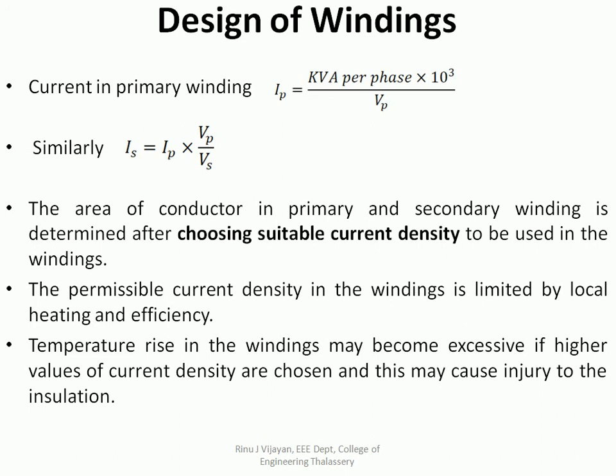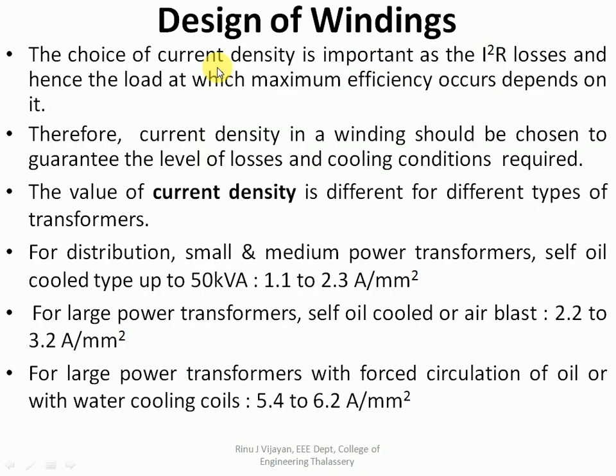This will definitely cause the temperature rise in the winding to become excessive, which will further cause injuries to the insulation provided. Therefore, the value of current density is chosen considering the heat generated in the machine and the prevailing ventilation or cooling conditions available in the machine. The machine means the transformer.